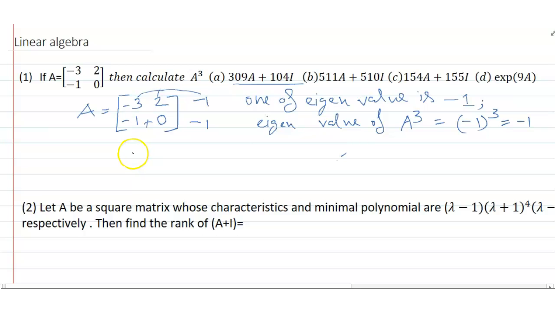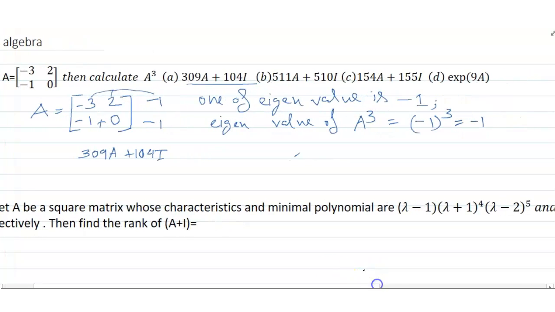Then 309A plus 104I. The process is very large, you see, but if we use a technique, then we can solve it easily.